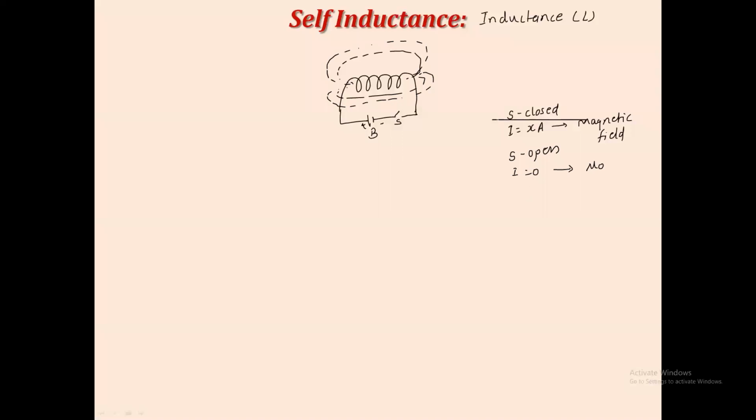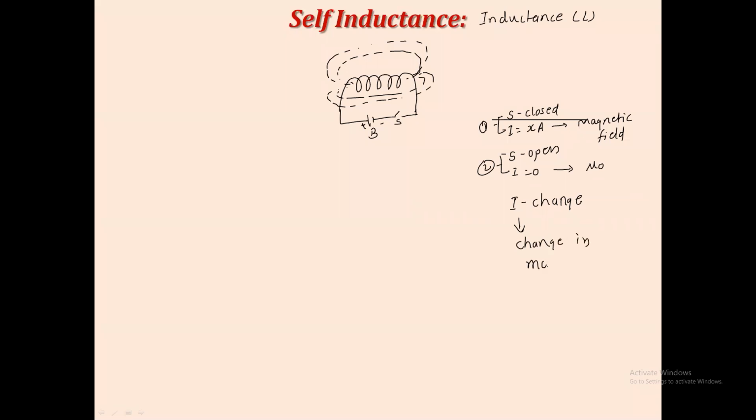Suppose this is case 1, this is case 2, and both cases happen one after another, meaning once the switch is closed, a certain value of current flows, and once the switch is open, the current becomes 0. Due to that, I is always going to change. And when I is changing, definitely it will create a change in magnetic field.